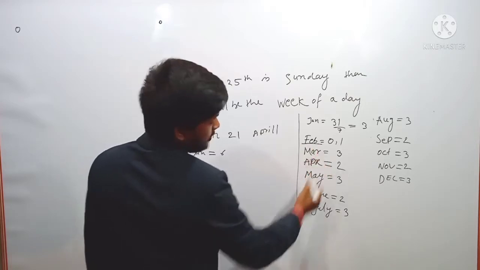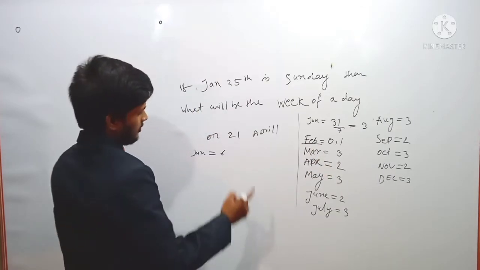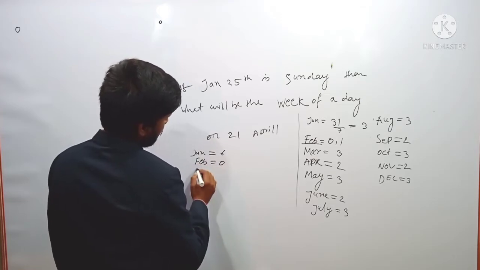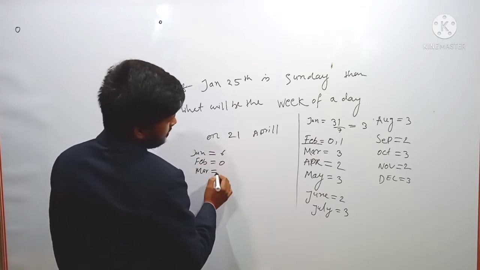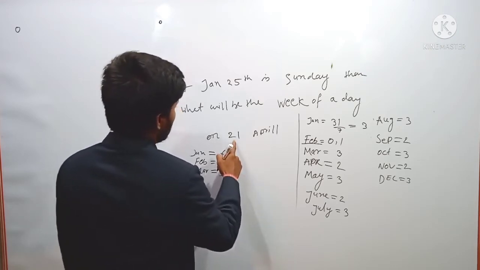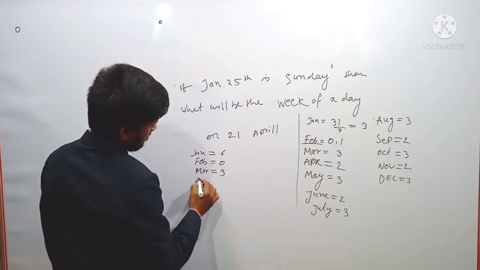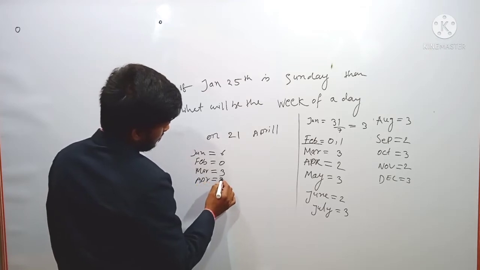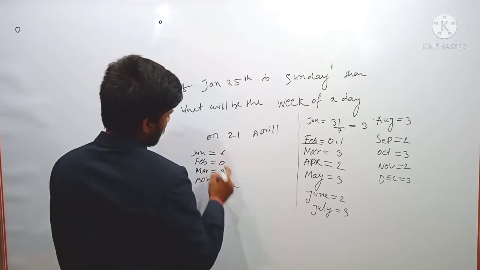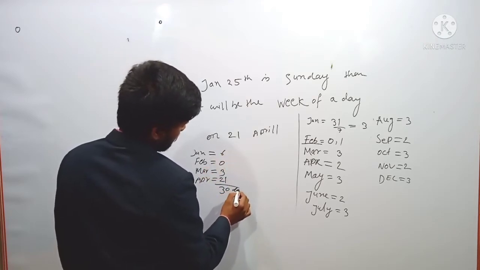Then February, if it is not a leap year, then it will be 0. March 3. Then on 21st April, April is equal to 21st. So there are 30 days.